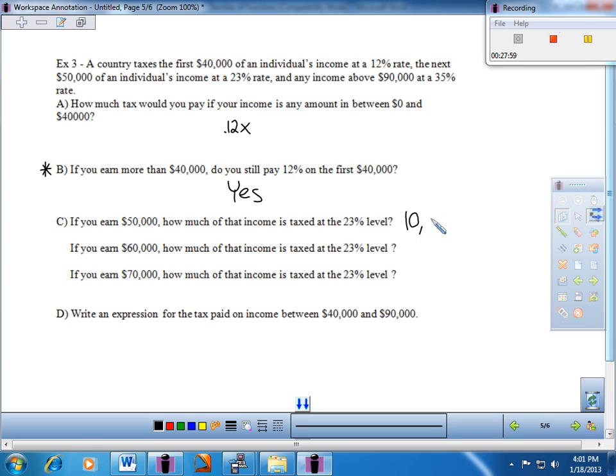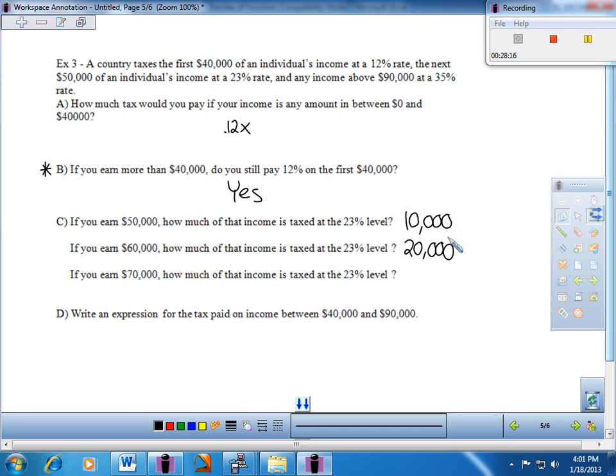So only $10,000 of that 50 would be taxed at the 23% level. If we earn $60,000, how much of that income is taxed at the 23% level? Only 20,000 of it. The first 40 is taxed at 12%, only the next 20 is taxed at 23.